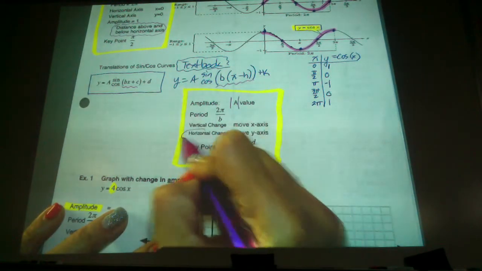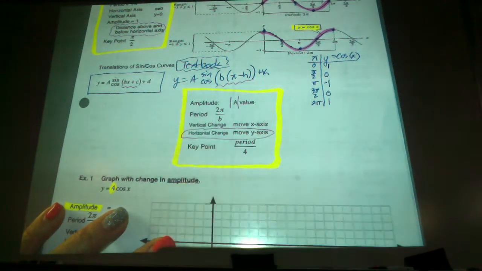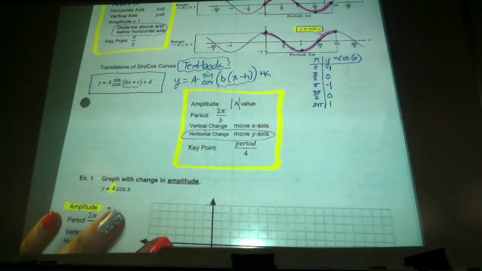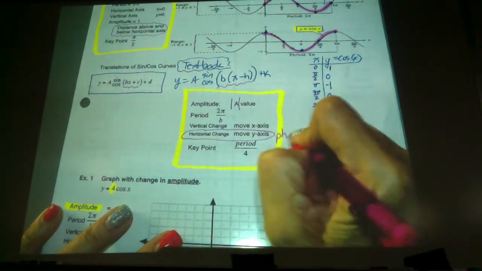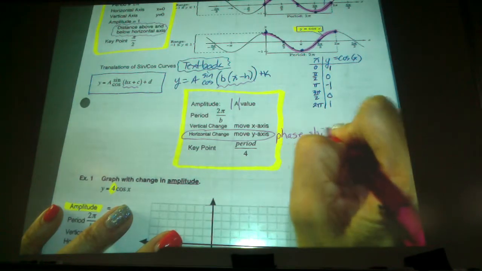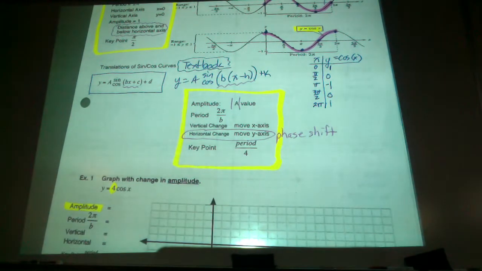And so this horizontal change down here, this is what your textbook will refer to as a phase shift. So if you see anything in your homework tonight referring to a phase shift, don't do that problem. So you're just going to skip those and do only the ones that don't have addition or subtraction signs in them. So for right now, you're skipping that. I'll discuss phase shift and all that kind of stuff later.